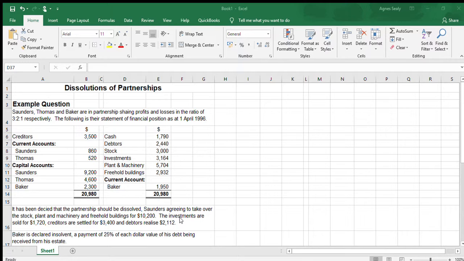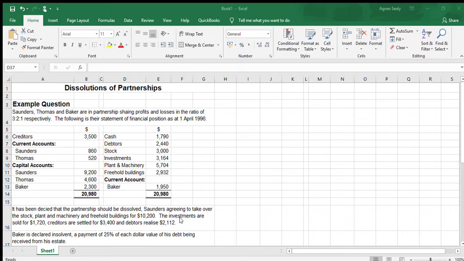And when it is being closed, sometimes the partner is paid money from the partnership, or it may be a situation where the partner has to pay the business some money. This is done to help bring the bank or cash account that the business has to a closure.